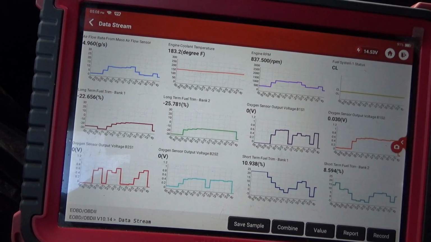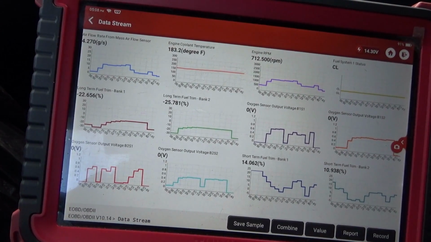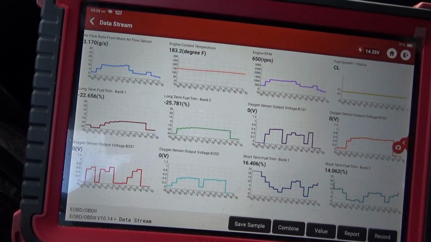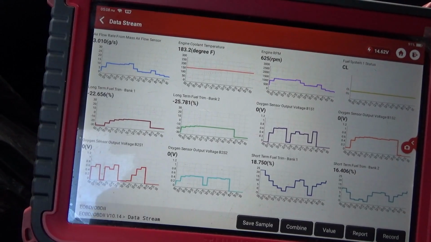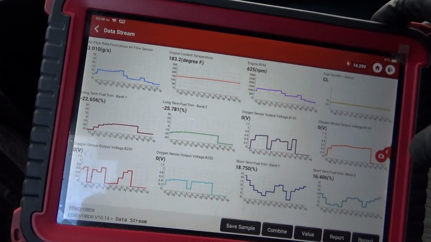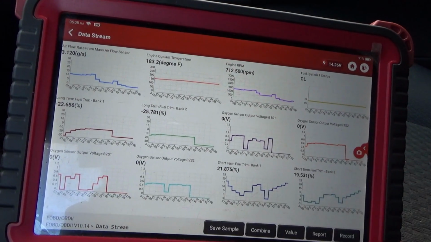Boom, minus 25 at idle. Let's see if it relearns at idle. Just different cells. You can see the oxygen sensors are stuck lean.